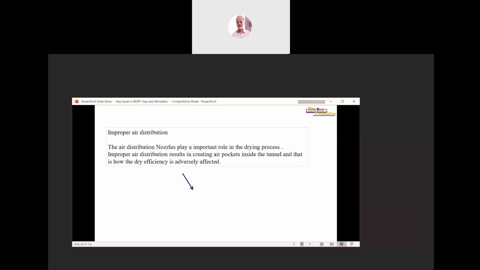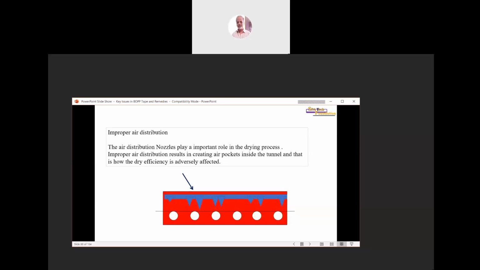The air distribution nozzles play an important role in the drying process. Improper air distribution results in creating air pockets inside the tunnel, and that is how the drying efficiency is adversely affected. Have a look here. You see the type of nozzle which is shown in blue color. You can see the size variation is extremely haphazard.